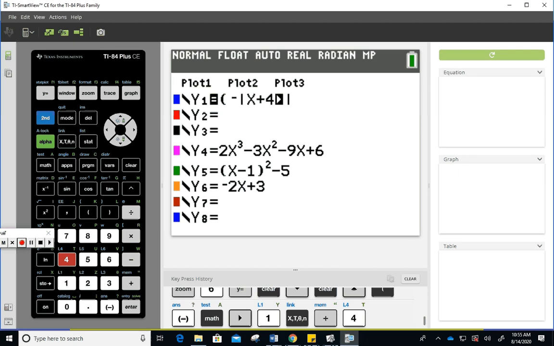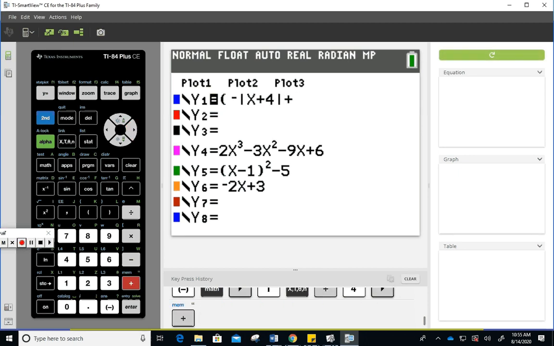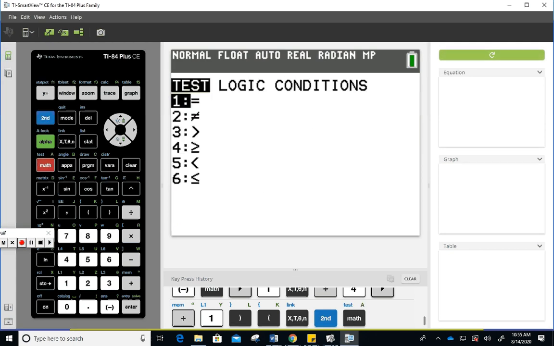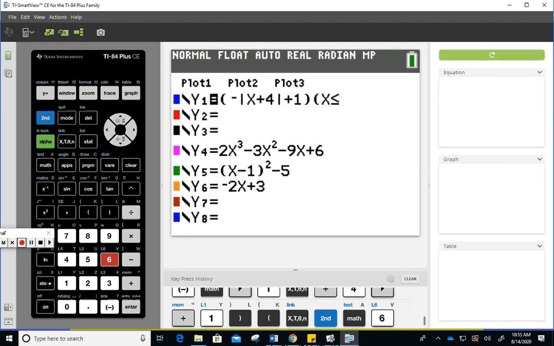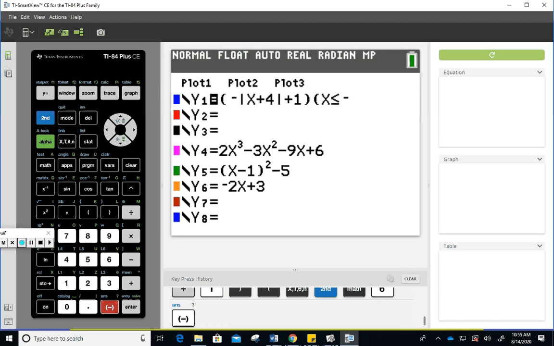Let me arrow to the right so I jump out of the absolute value bars and say plus 1. So that ends my equation. Now I'm going to say parentheses, x is, and I need to write in less than or equal to, so test menu, second math, less than or equal to is 6, and then -2, close parentheses.